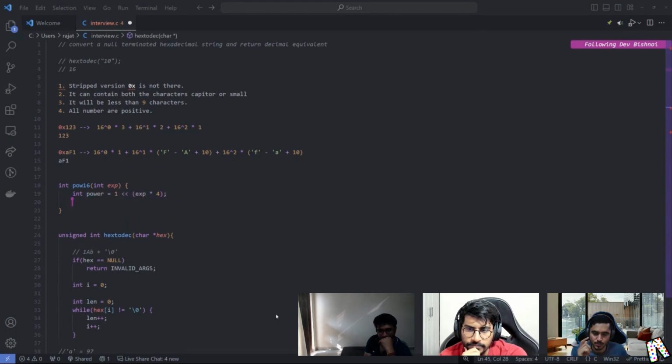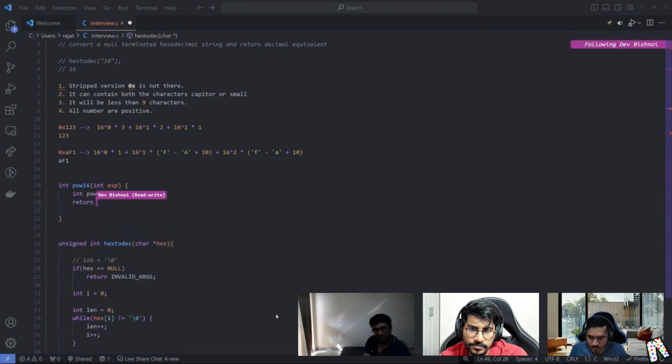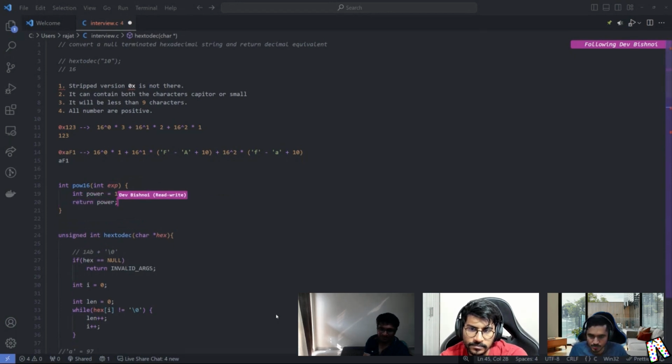If my exponent is 1, that means I need to shift it by 4, so 2 to the 4 times 2. If my exponent is 2, that means 16 to the power 2, so 2 to the power 8. So this should return the correct power, 16 to the power of whatever exponent it is. This typically does it by right shifting.